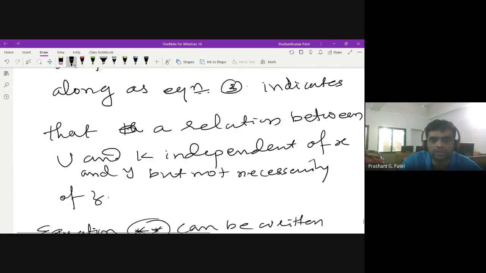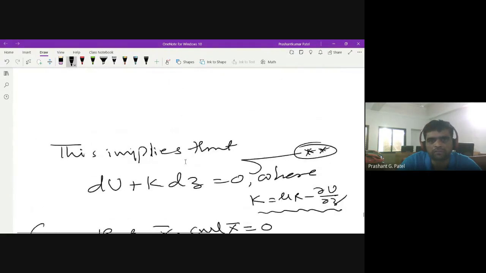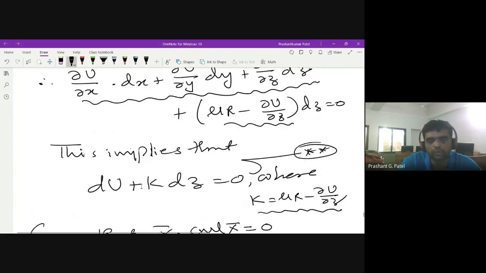What was that equation? Just see that. That equation was du plus k dz equal to 0, where k is this function. What we have achieved is that u and k are functions which are independent of x and y, but they may be functions of z. So u is a function of z, so I can just divide this equation double star by dz.